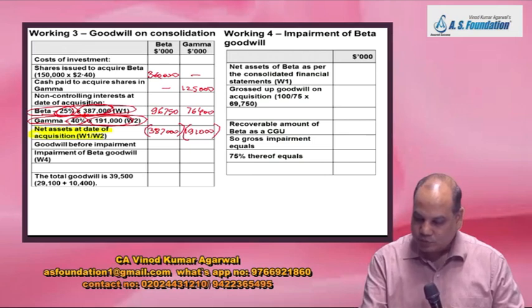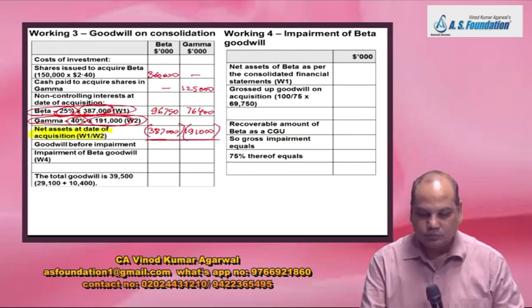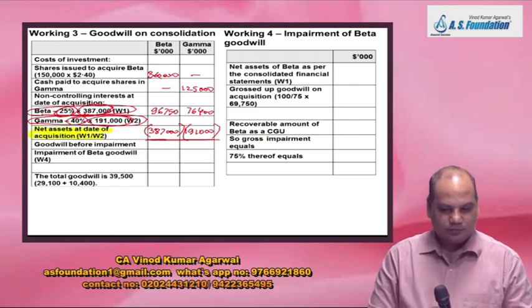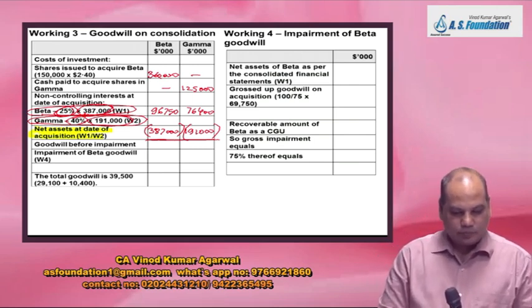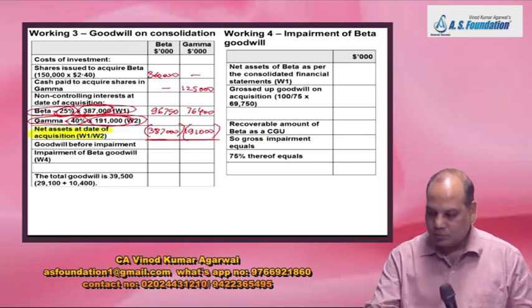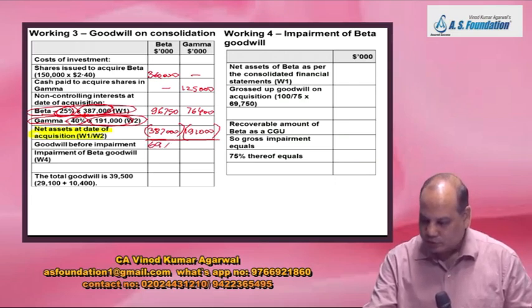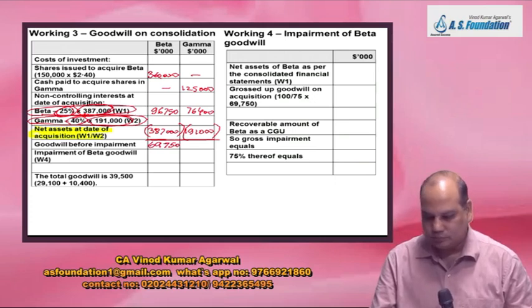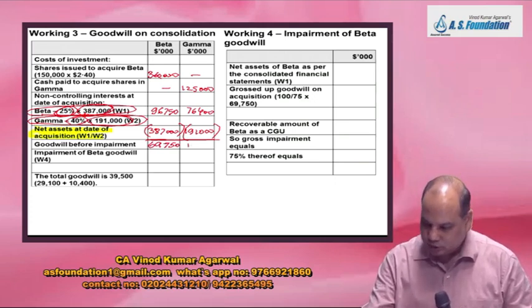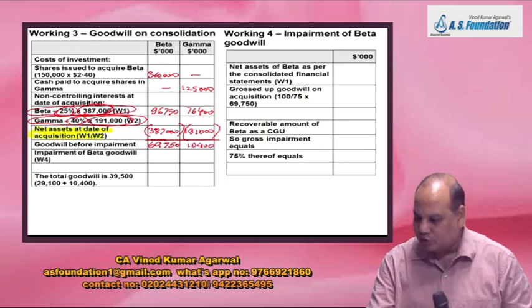So this will give you goodwill, beta column. Goodwill beta. 69,750. Very good. Goodwill gamma 10,400. Now we don't transfer it to balance sheet because some impairment is pending.